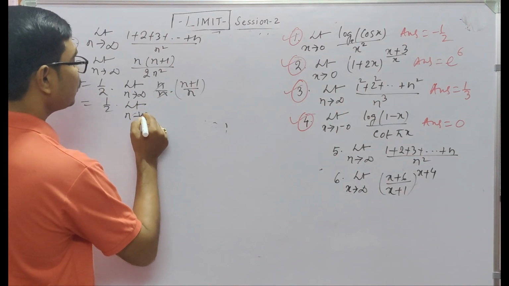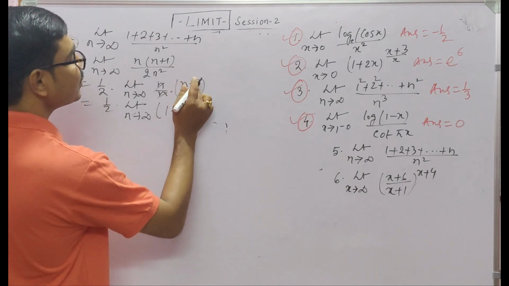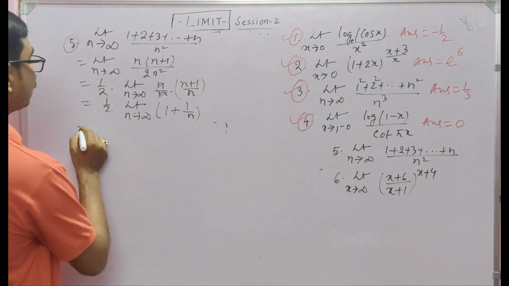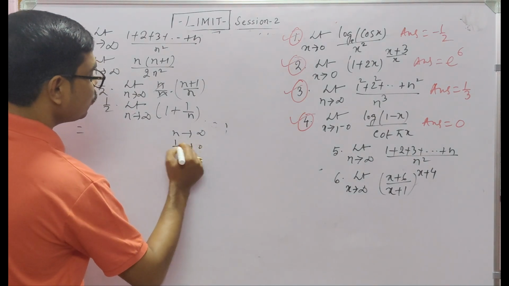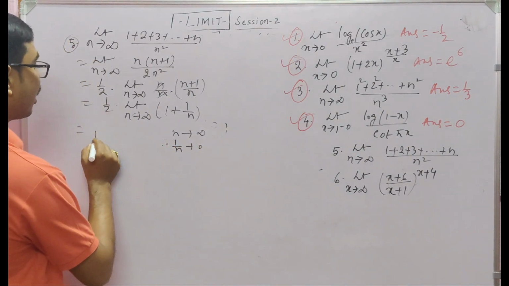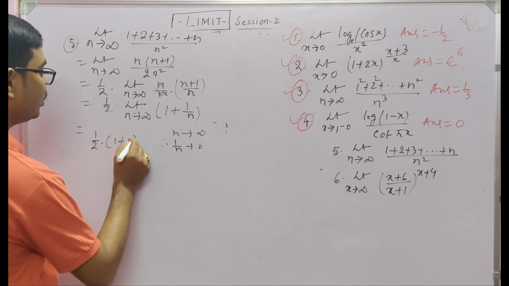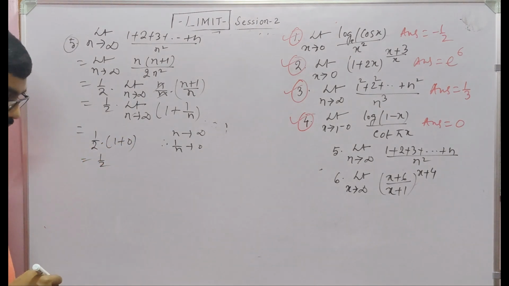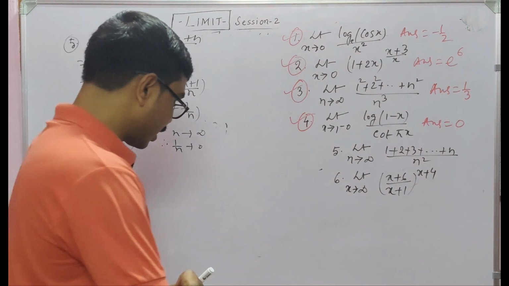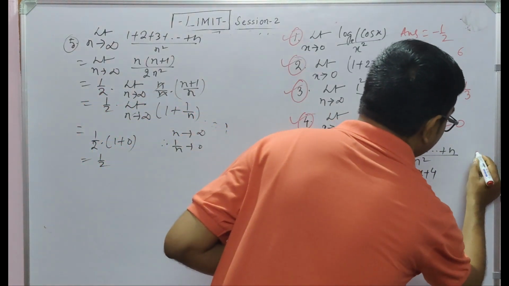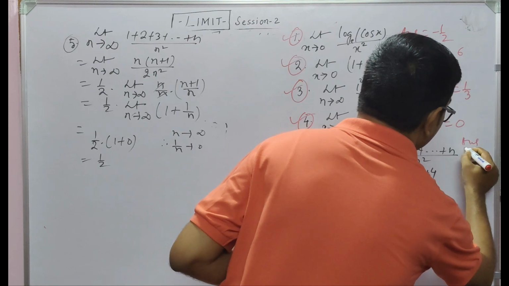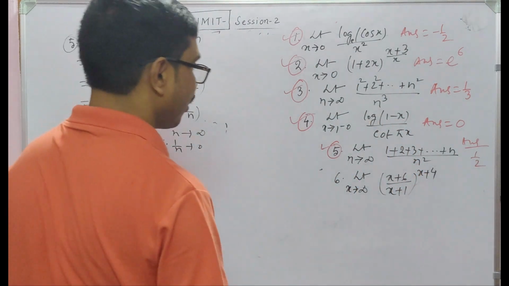Limit n tends to infinite, 1 plus 1 by n. So again, as n tends to infinite, 1 by n tends to 0, so half into 1 plus 0, so this is the half. Hence the result of this sum is half. The answer is half.